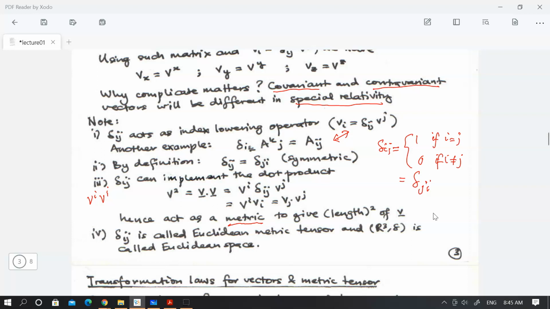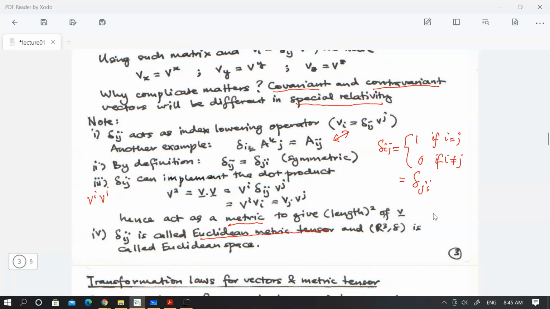A metric is essentially something that takes an object in a particular space and gives you some number. Sometimes it's called a distance function. So your delta ij is sometimes called the Euclidean metric tensor, because it gives you the concept of length.